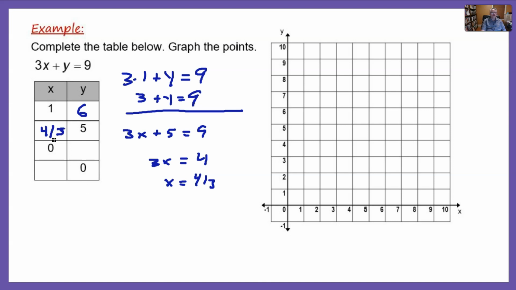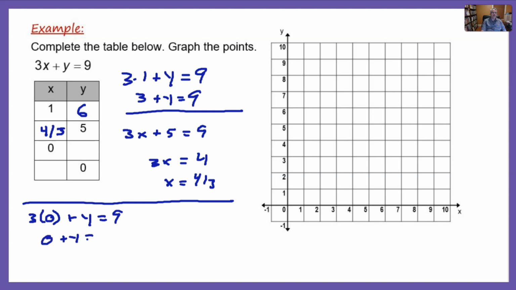All right, and then we're going to put 0 in for x. When x is 0, we get 3 times 0 plus y equals 9. Well, that's just 0. So we get 0 plus y equals 9, or just y equals 9. And the last one, we're going to put 0 in for y.